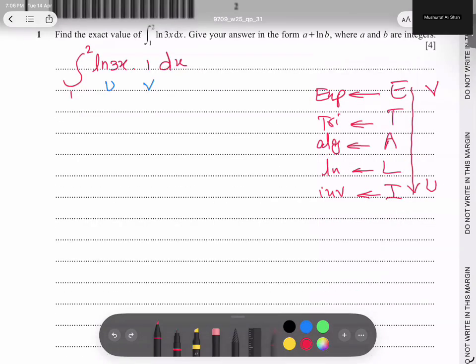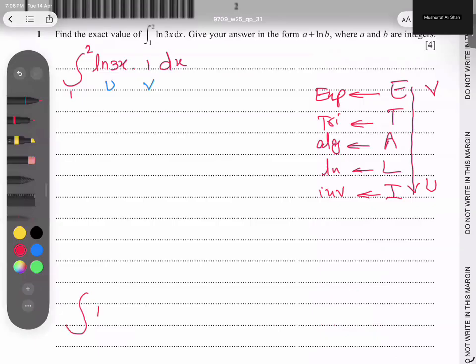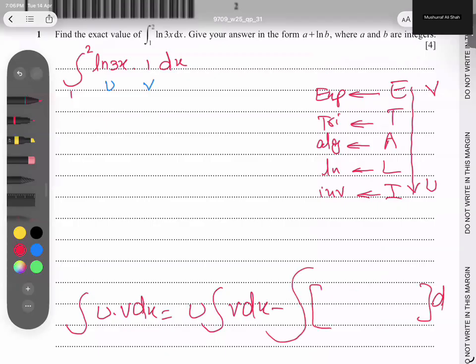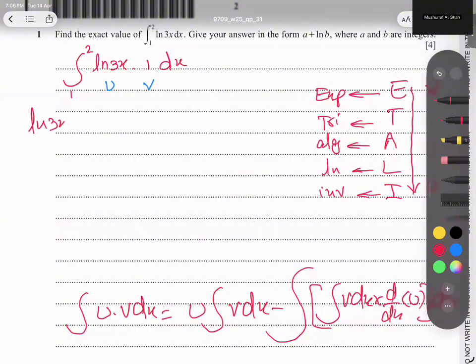Now students, I am applying the formula, but before I start, I show the formula once again. UV integration, what is the criteria? U copy, integration of V, minus the big sign of integral and dx, again integration of V multiplied by differentiation of U. So let's try to apply. U copy, so I am writing here ln 3x copy.